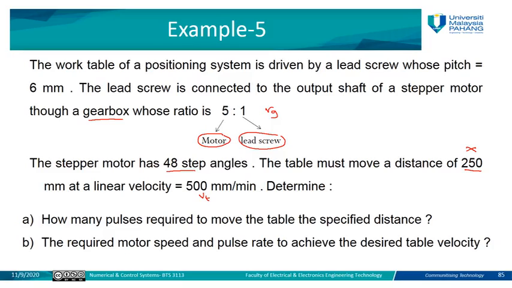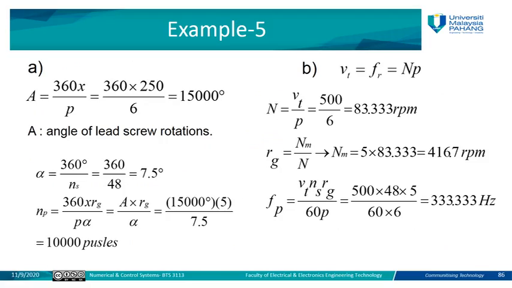So what is the required motor speed, which is nm, and also the pulse rate for the motor. As you can see from the previous formula, we have A equal to 360x over p, where p is the pitch and x is the distance or displacement of the table. If we want to find the rotational angle of the lead screw, which is A, we can use this formula.